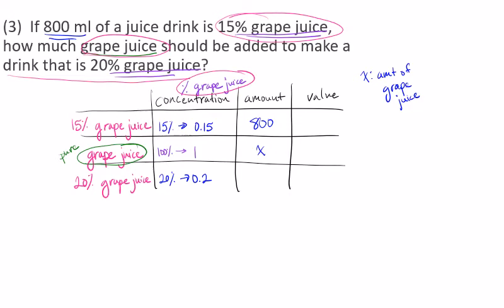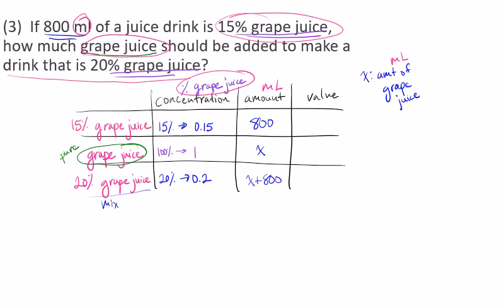We're measuring amount in terms of milliliters, so I'm just going to put that up here so I don't forget, and I'll add it here as well. And then for our mixture down here, our amount is going to be 800 plus X, or X plus 800.